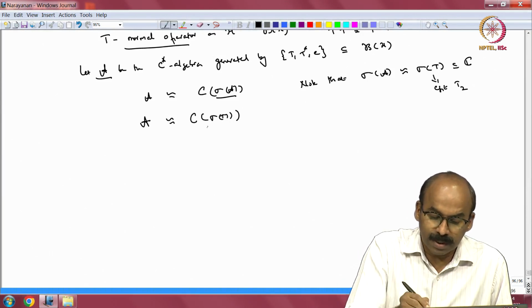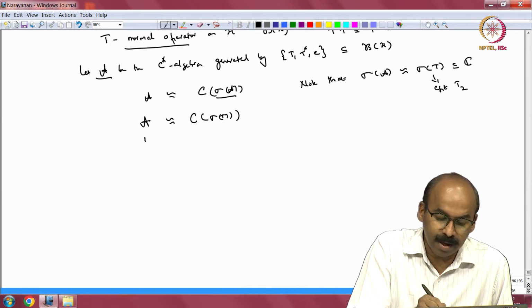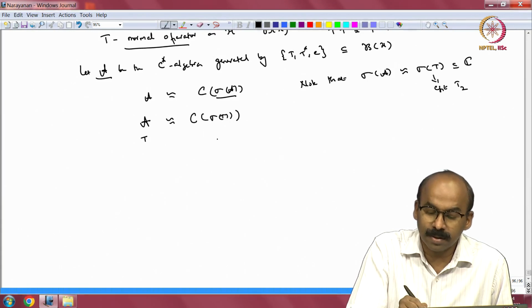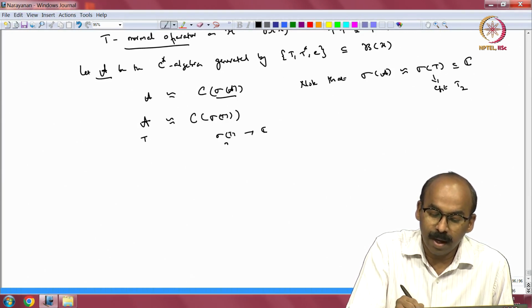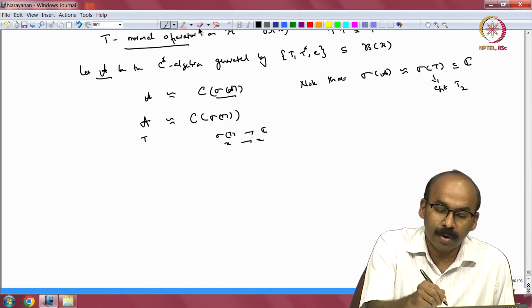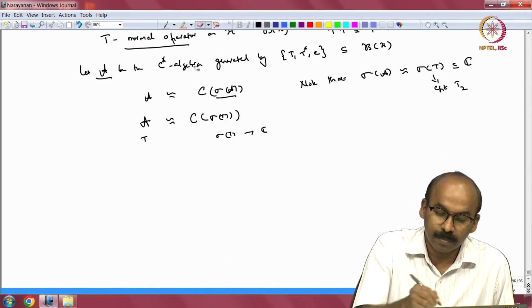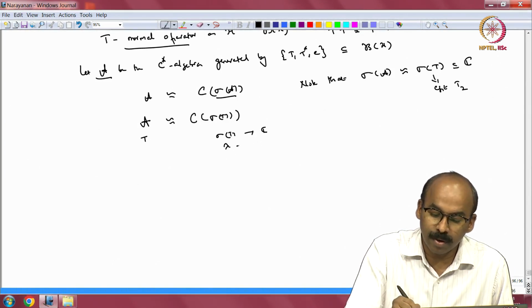So, this tells me that if I take T here, then that corresponds to the identity function, lambda going to lambda.